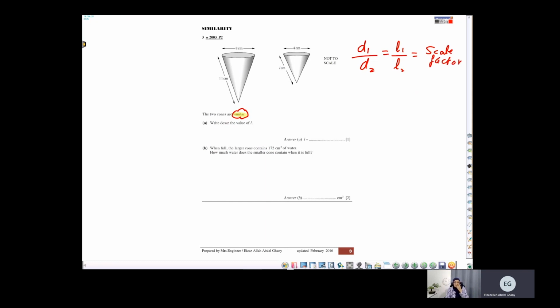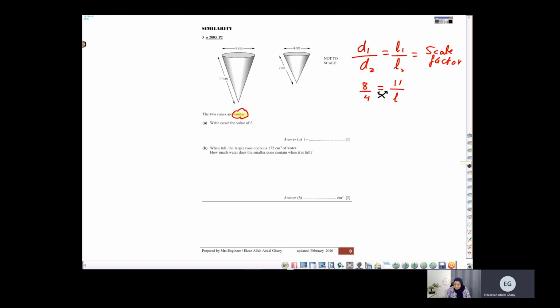You can find it like cross multiplication. You write 8 over 4 equals 11 over L, and you sing this song. Fraction equals fraction, then cross multiplication. Pull them up like that.